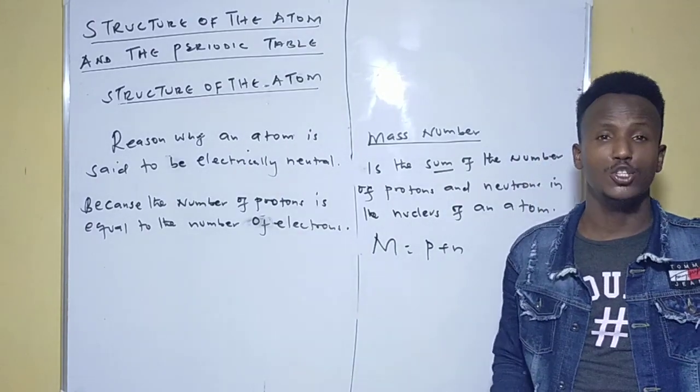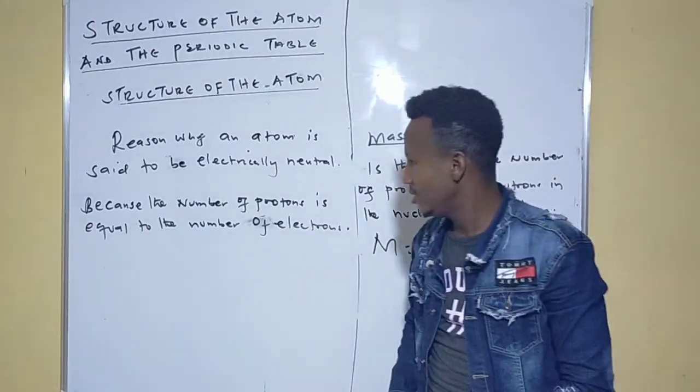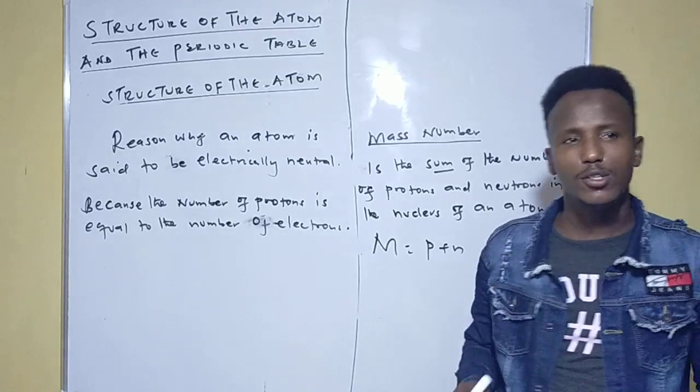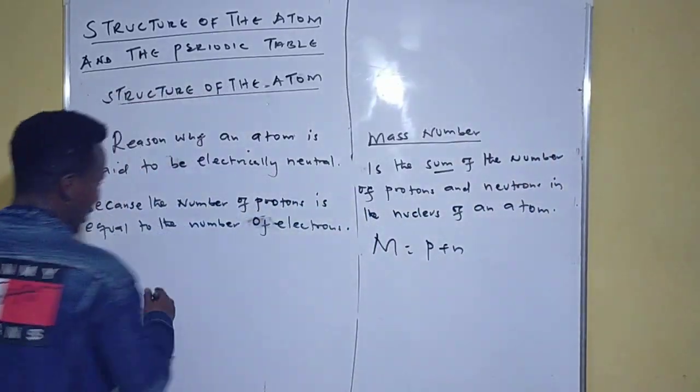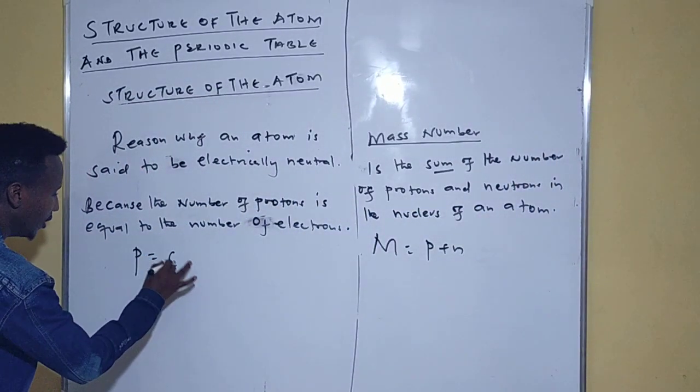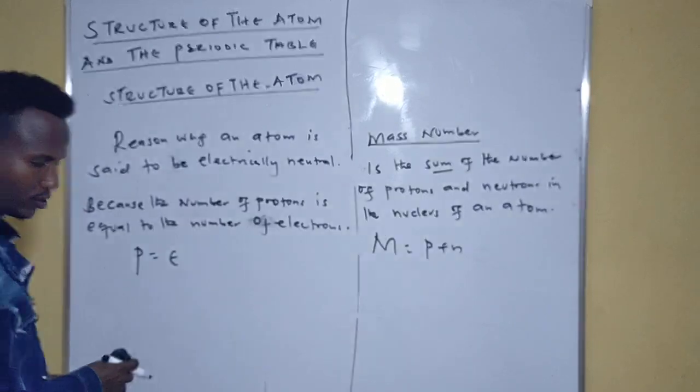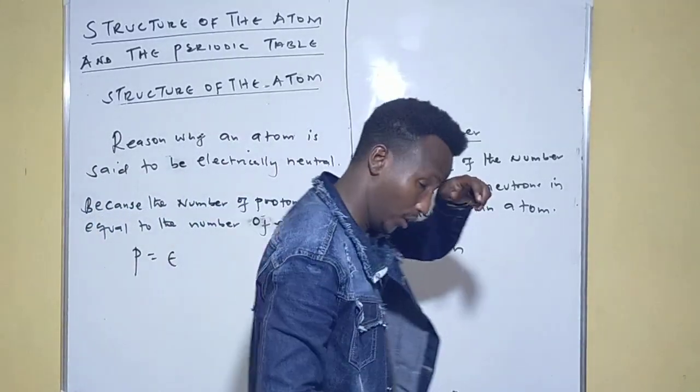That's why an atom is said to be electrically neutral. Just understand. So you can say P is equal to E. Mathematically, the number of protons is equal to the number of electrons.